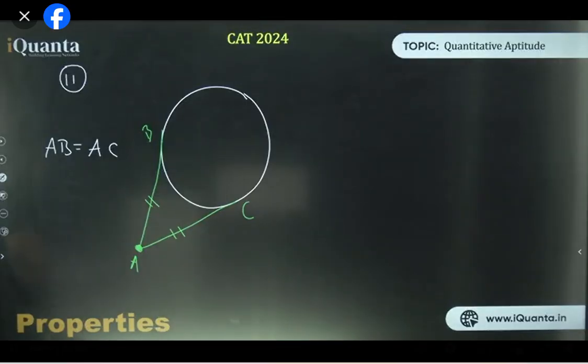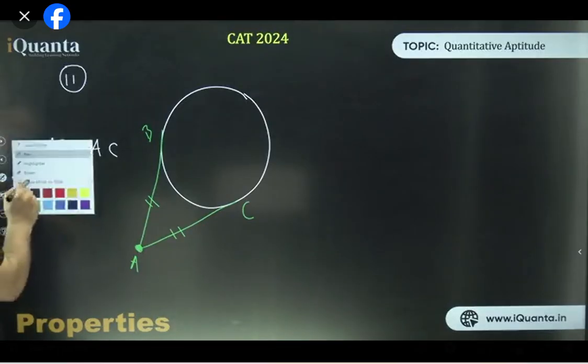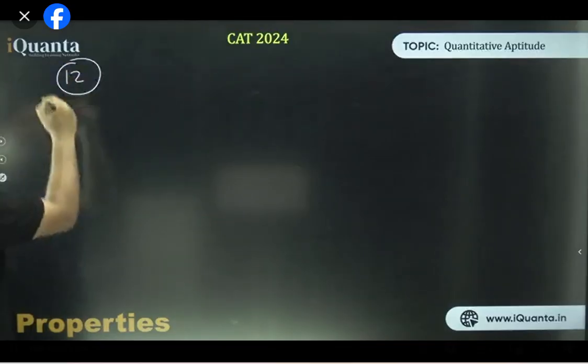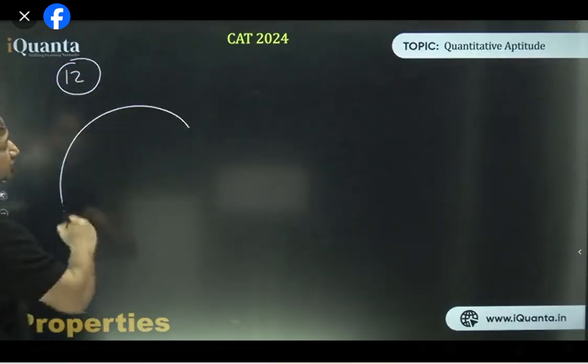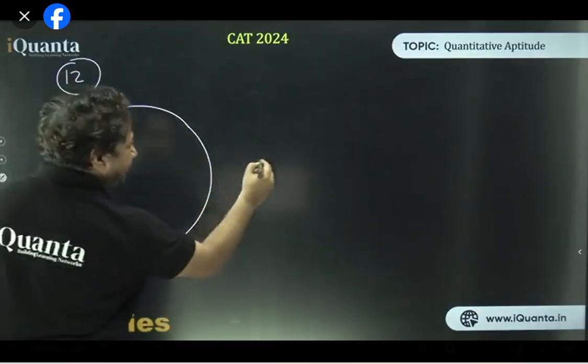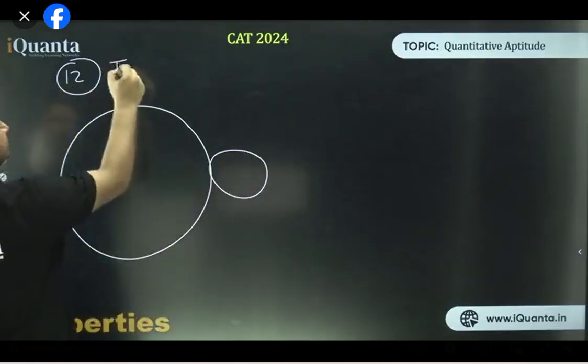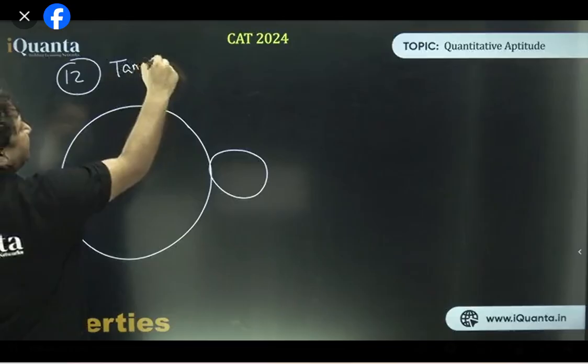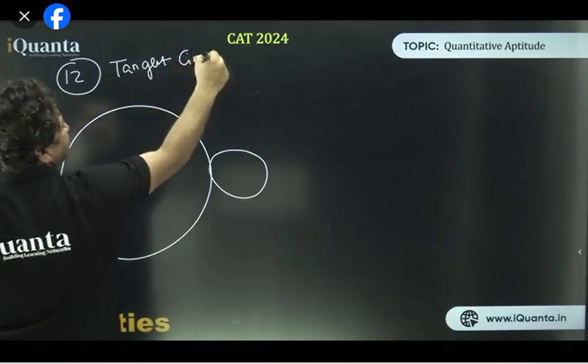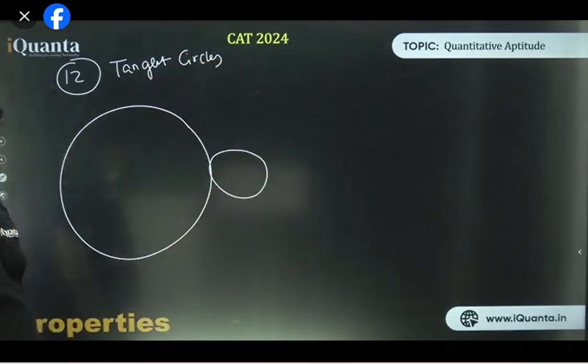All right. So now I'll show you two circles that touch each other tangentially. These are known as tangent circles. Is that clear? These are known as tangent circles.